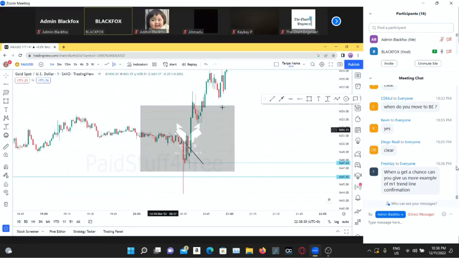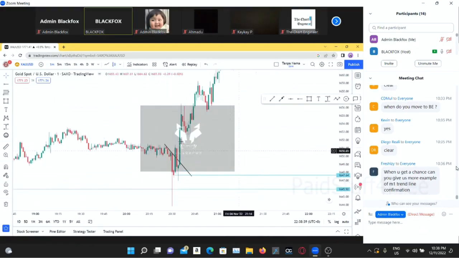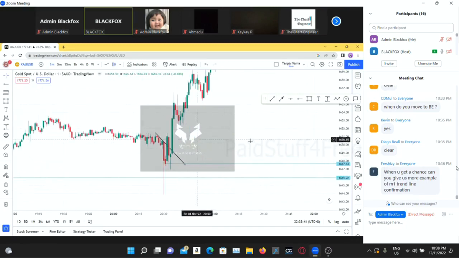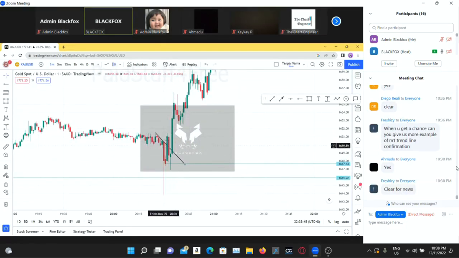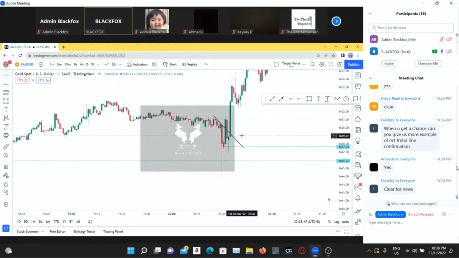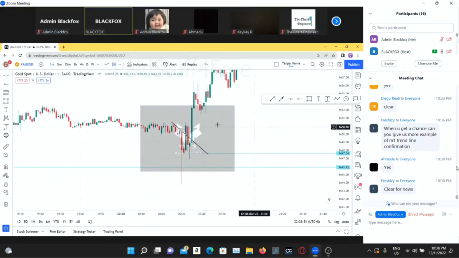Do you guys understand? If you use confirmation when you trade at news, just wait for the pullback. If you trade on a normal day with no news, when it breaks, just go instant.